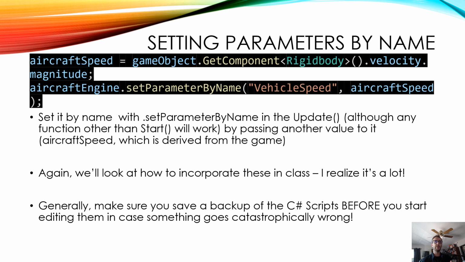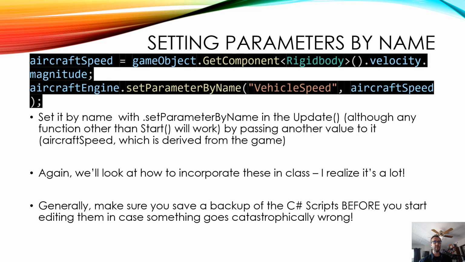Then I'm going to go back to my FMOD instance, aircraftEngine, that variable, and I'm going to access that with .setParameterByName, and then the parameter name in FMOD is vehicle speed, so I put that in quotes because it's a string, close my quotes, then add a comma after the close quotes. I know that is not proper English. That's how you do it in scripting. And now I'm feeding it that aircraftSpeed variable.